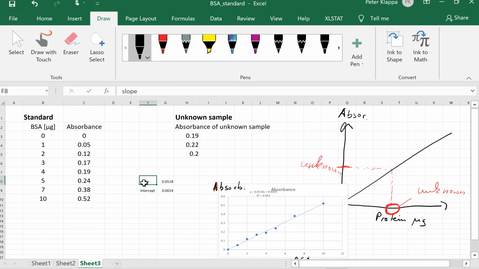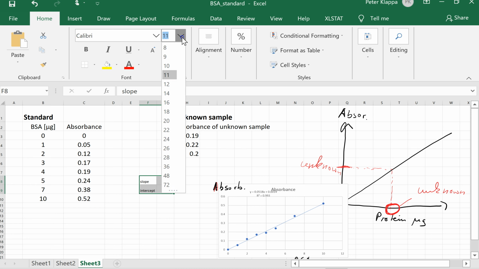Okay, so these are the data that we have. Let me make this a little bit larger so that we can see it properly.